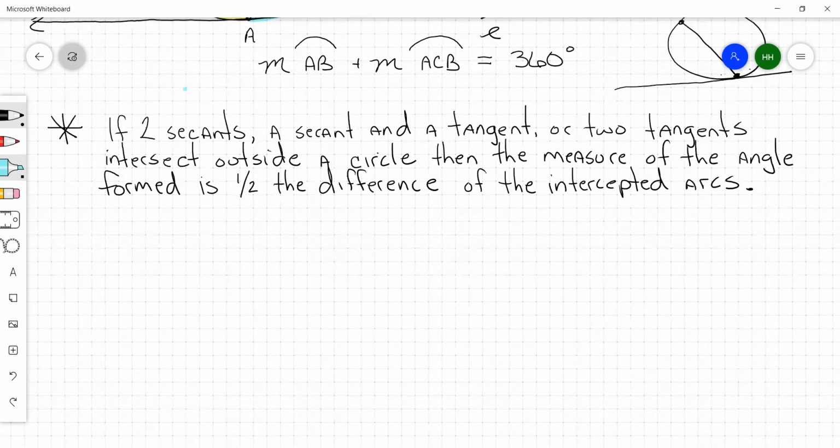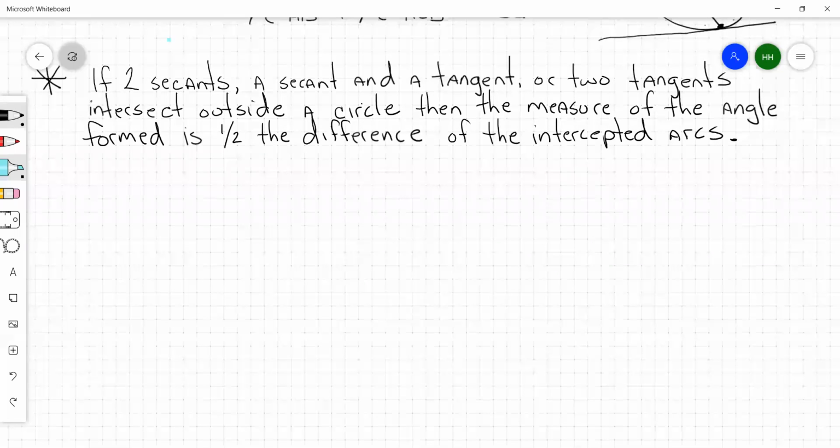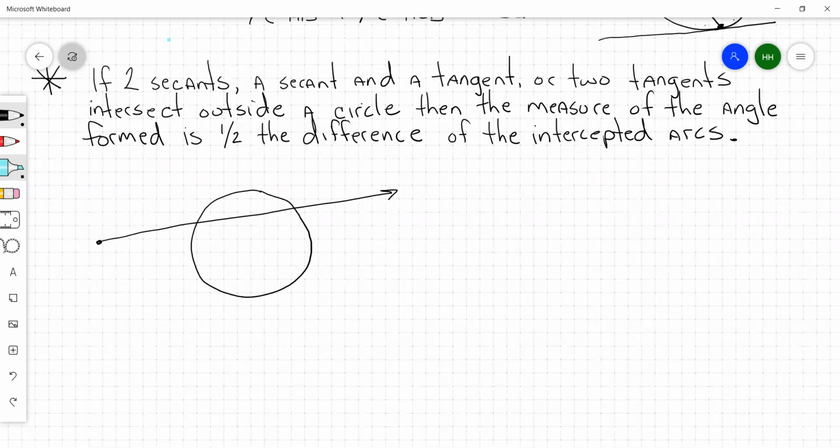All right, so we got 3 situations to draw now. Everybody done writing or caught up writing? First circle. If two secants intersect outside a circle. So here's a circle. Here's a point outside the circle. Here's one secant.